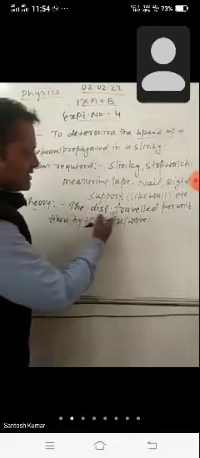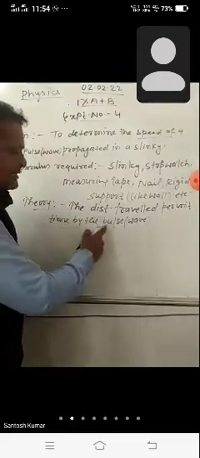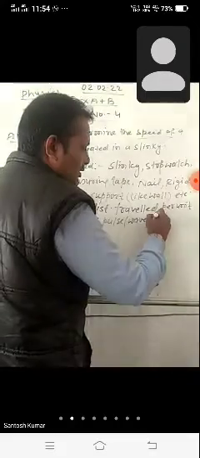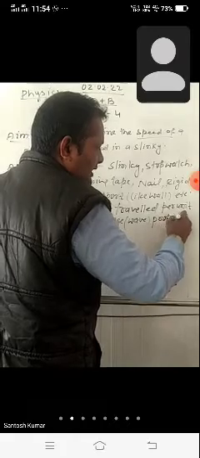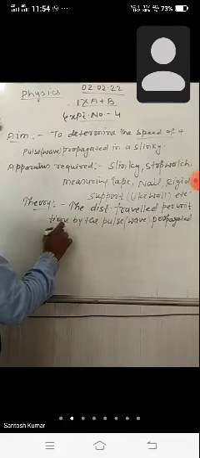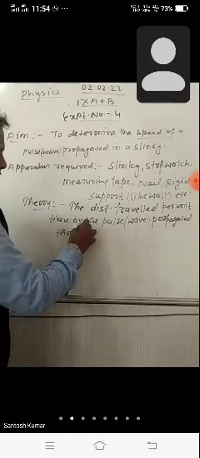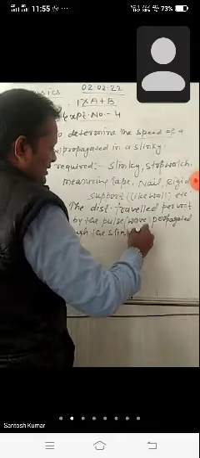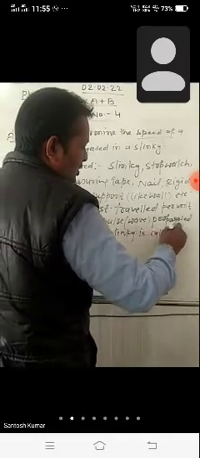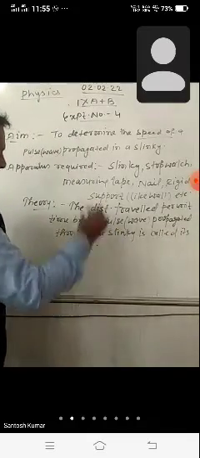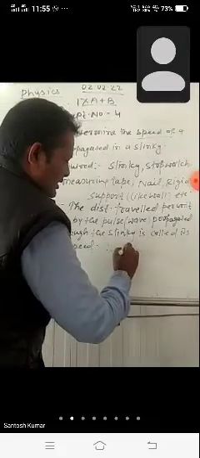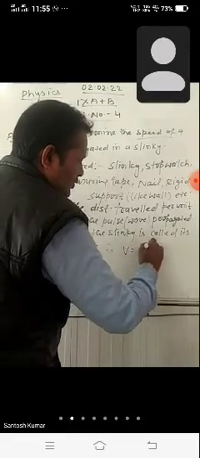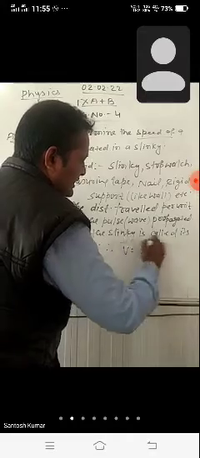So the distance traveled per unit time by the pulse or wave propagated through the slinky is called its speed. Therefore, V is equal to d by t.